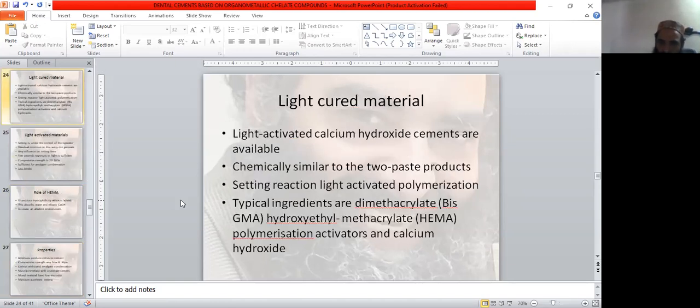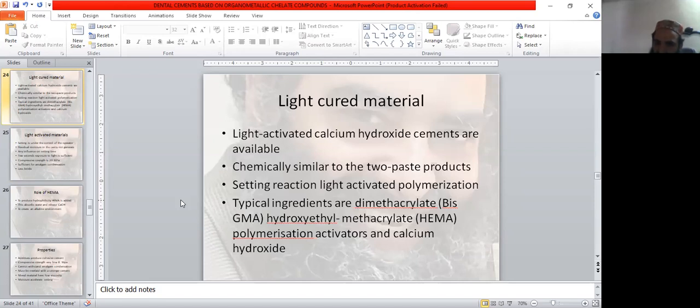Now, light cured material, light activated calcium hydroxide cements are also available. Chemically, they are similar to composite products. Setting reaction is light activated polymerization.